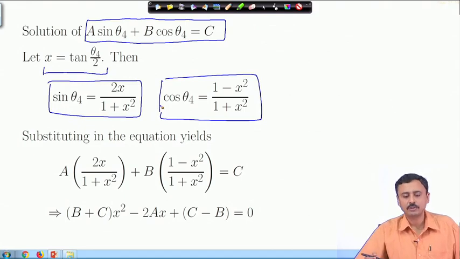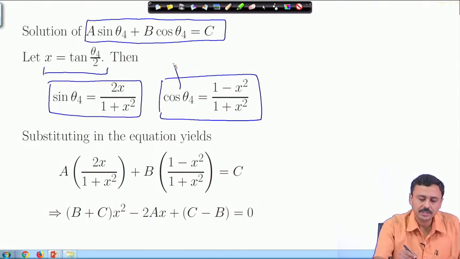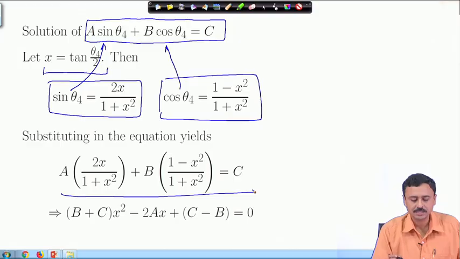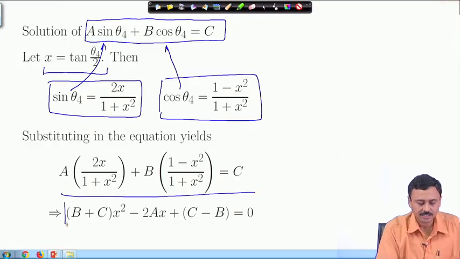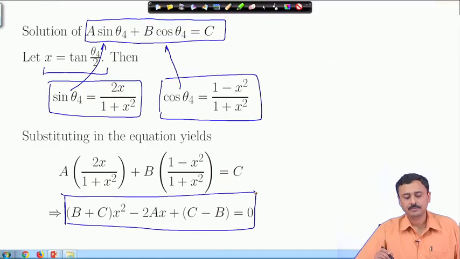This is straightforward trigonometry. When we substitute these expressions here, we will get this equation, which finally simplifies to this quadratic equation in x.